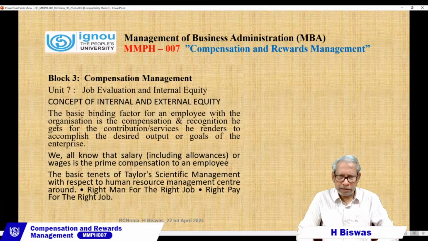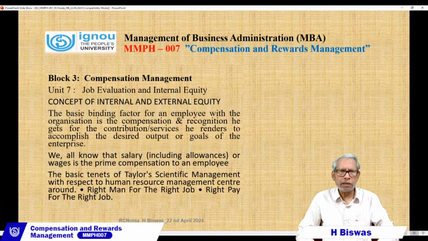We all know that salary or wages are the prime compensation of the employees. So it is basically to justify. We should have some mechanisms for the evaluation of things to reach a decision, that the correct way and the correct amount are rendered.